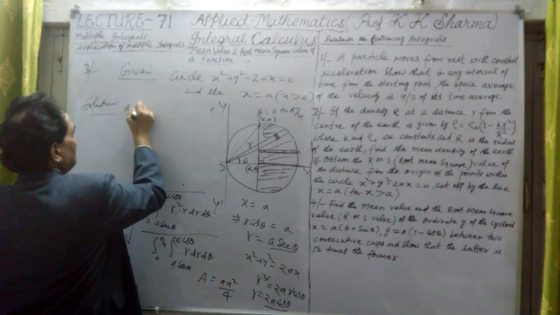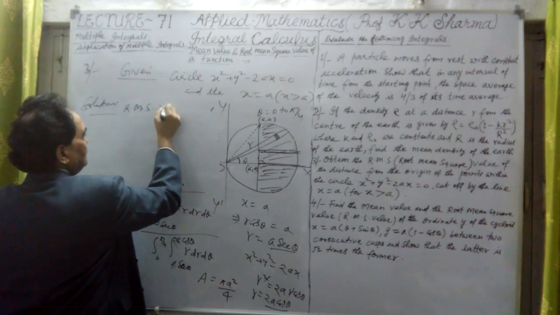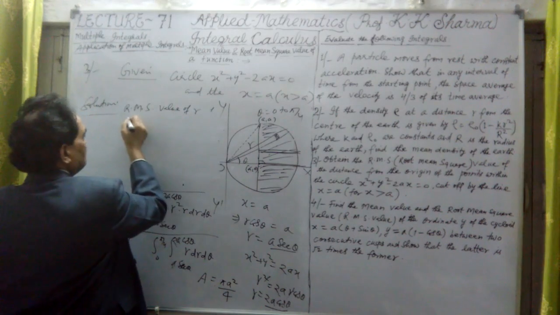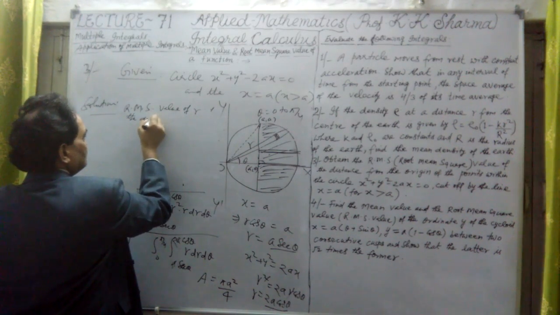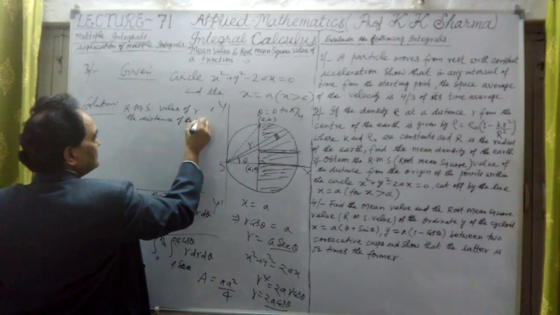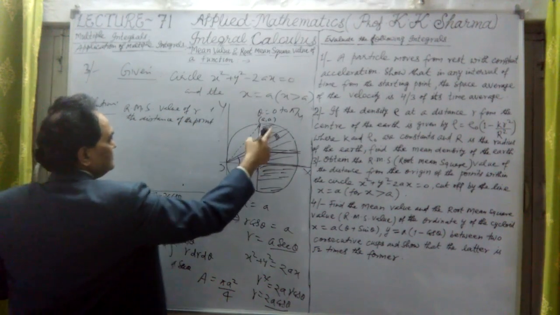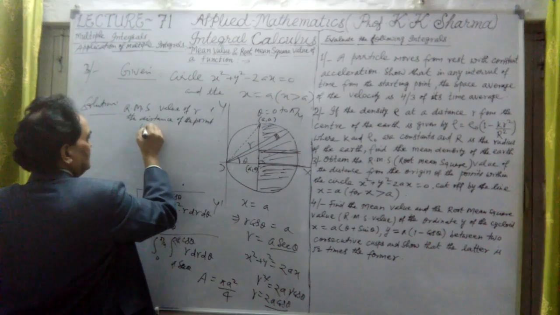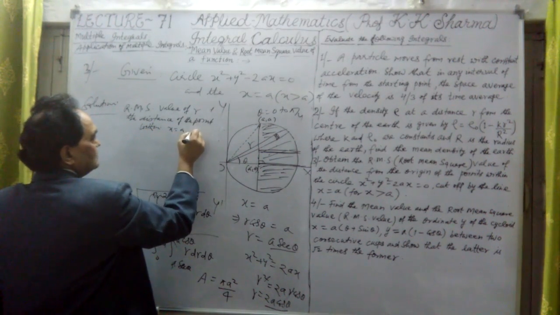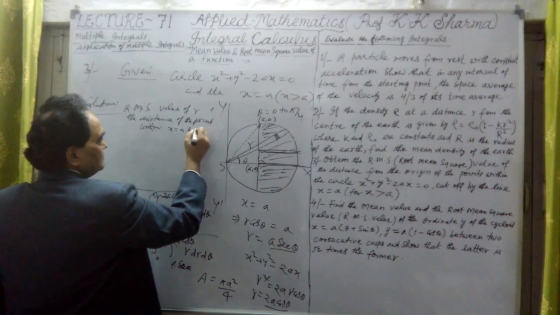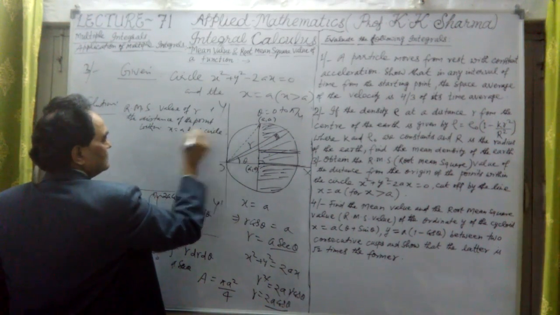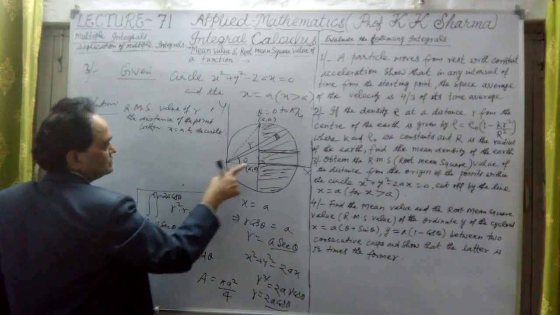So R.M.S., root mean square value of r, the distance of the point within this that I have already described, within x equal to a and the circle, between this and this.